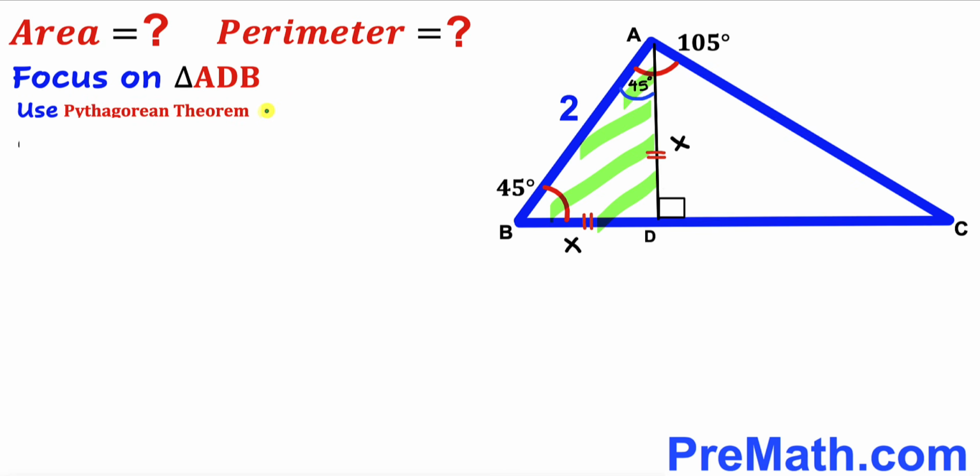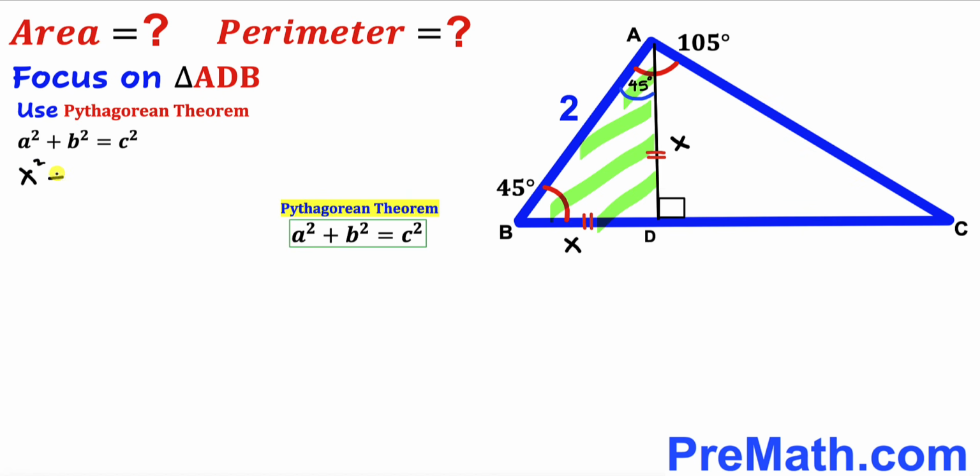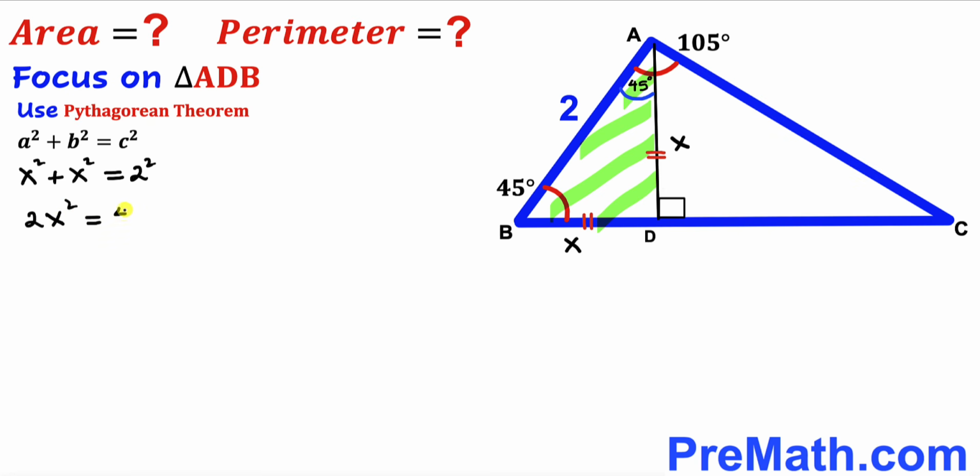And we are going to apply the Pythagorean theorem on this triangle. And here's our Pythagorean theorem: a square plus b square equal to c square. And in our case, our hypotenuse is 2, whereas our two other legs are x and x as well. Let's go ahead and fill in the blanks in this Pythagorean formula. So we got x square plus x square turns out to be equal to 2 square. Let's simplify. We are going to get 2 times x square equals to 4.